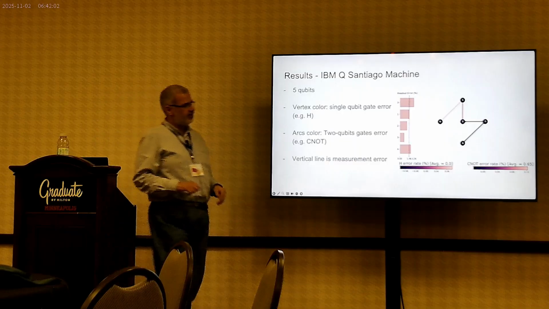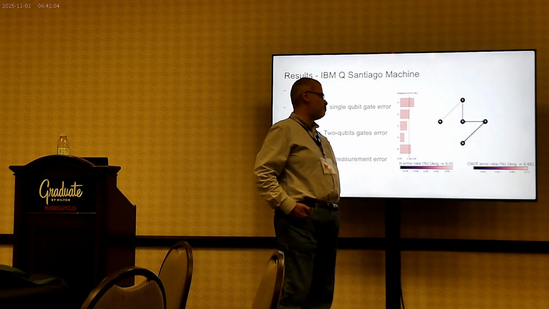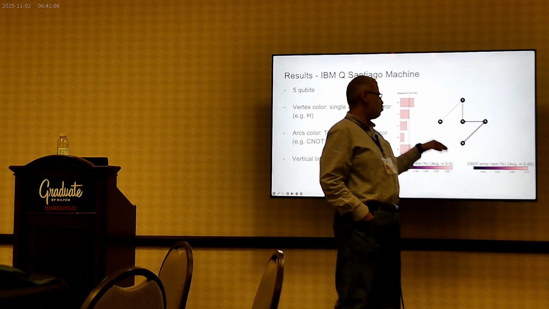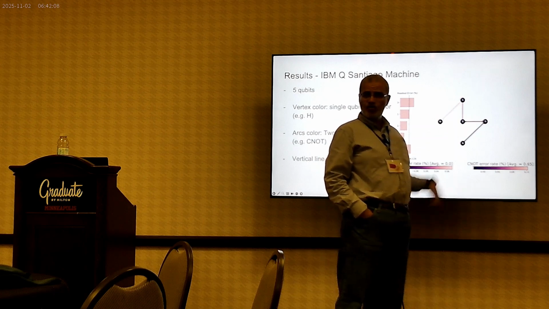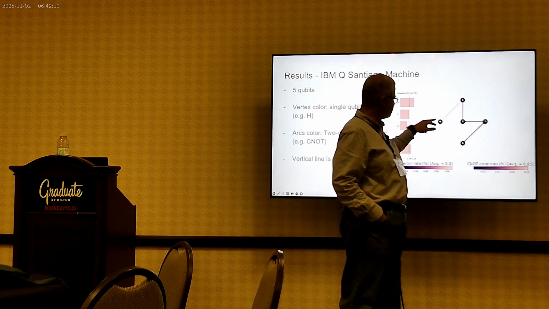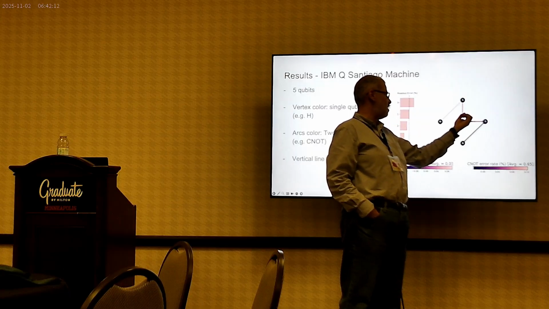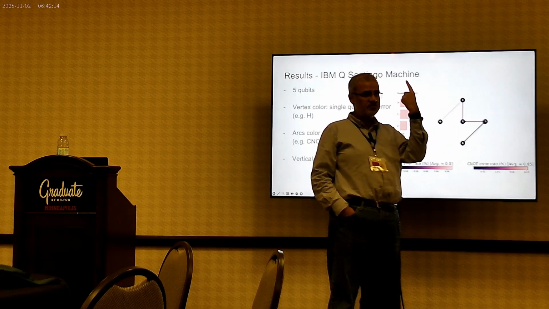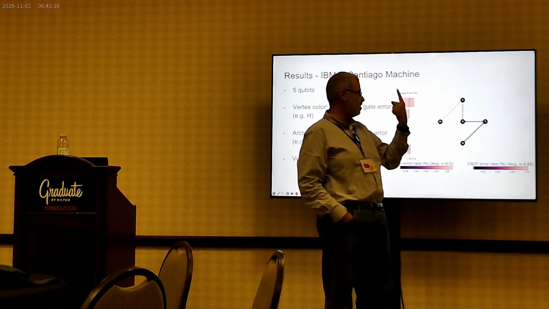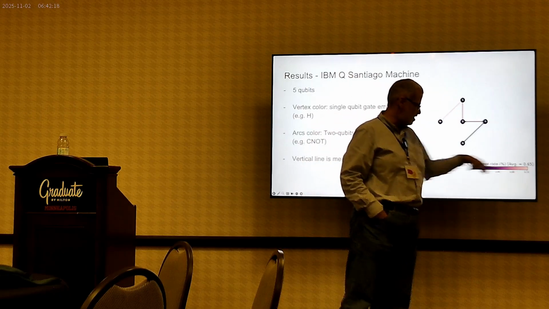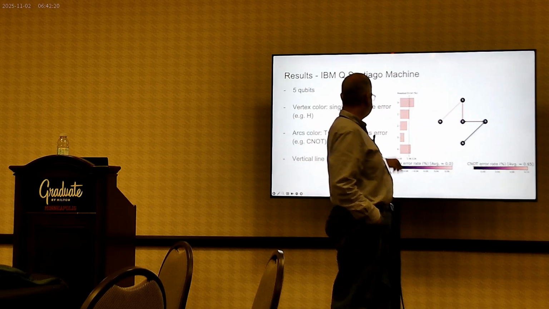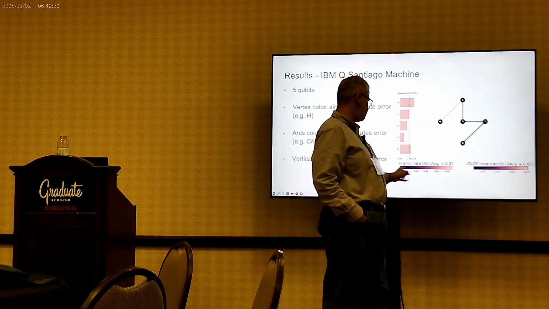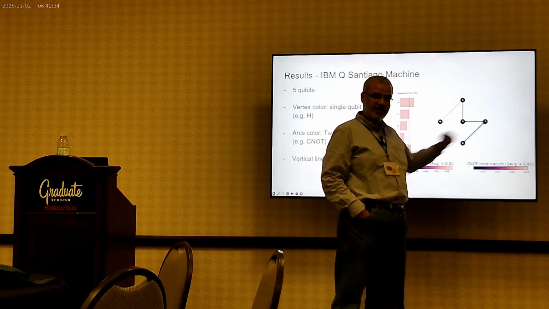So this is also a figure you can get from the IBM API. It's a 5-qubit machine, and each circle here represents a qubit. The color of the circle represents the amount of single gate error, for a gate that works on a single qubit. The H is a single gate, and the color scale represents the amount of error you can get.